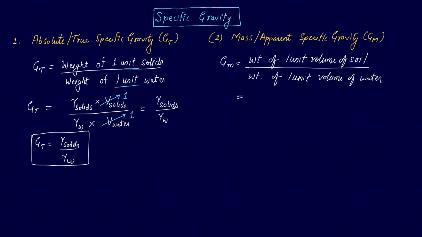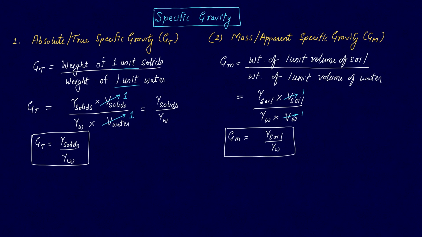So the weight will be the gamma of soil into volume of soil, whereas the weight of water will be gamma W into volume of water. But as the volume is 1 unit, finally the value of GM will be gamma of soil divided by gamma W.